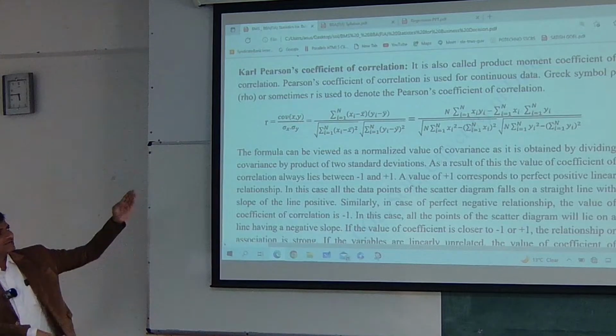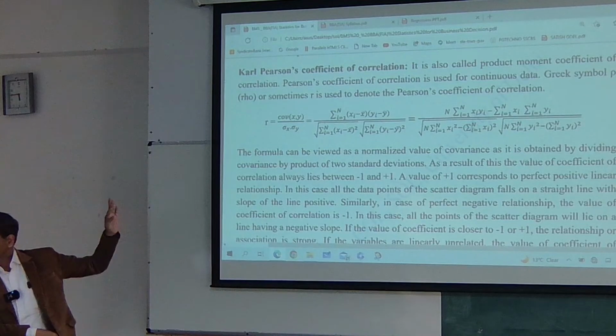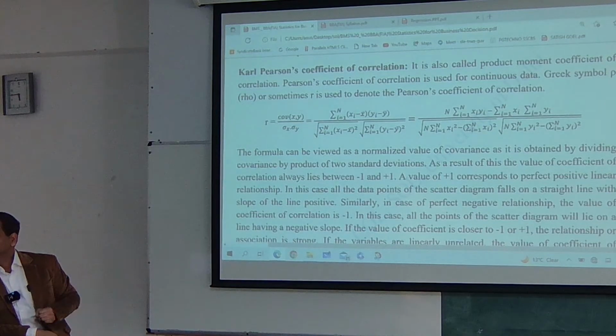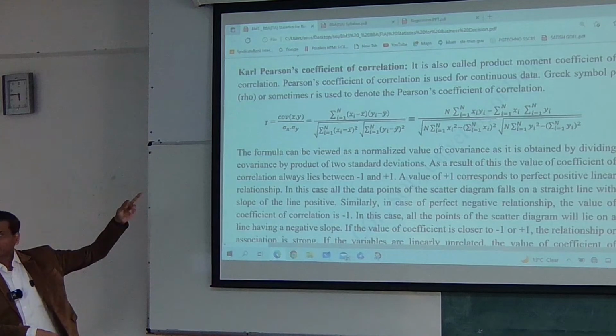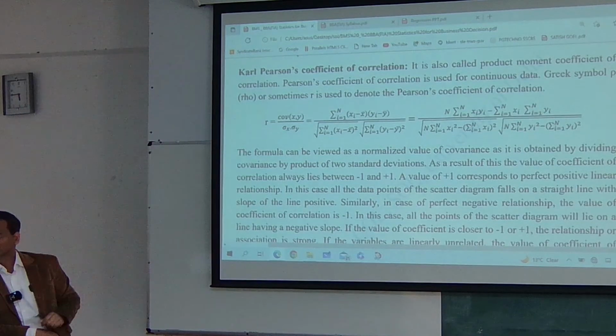Finally, you can see its formula. I hope you already know it, if you know the formula of covariance and the formula of standard deviation. The divide by n cancels out in both, so we don't have divide by n.